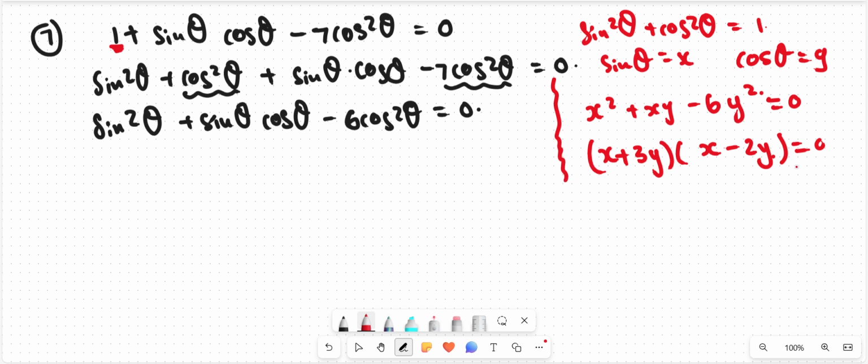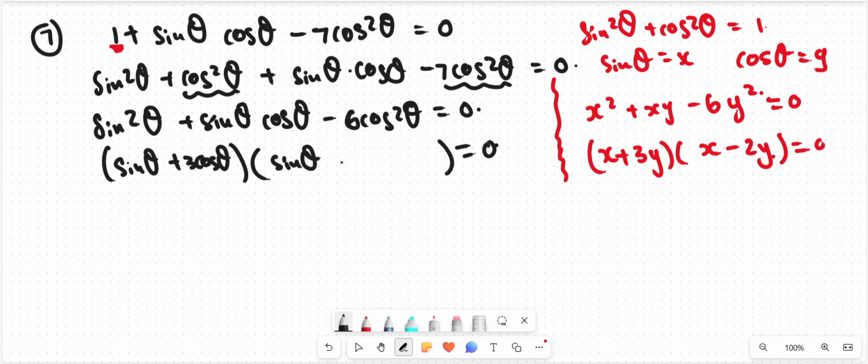So now that I've factorized it using that method, I could just easily take it back to how it needs to be. Here I have my sine theta plus my 3 cos theta, and here I have my sine theta minus my 2 cos theta.